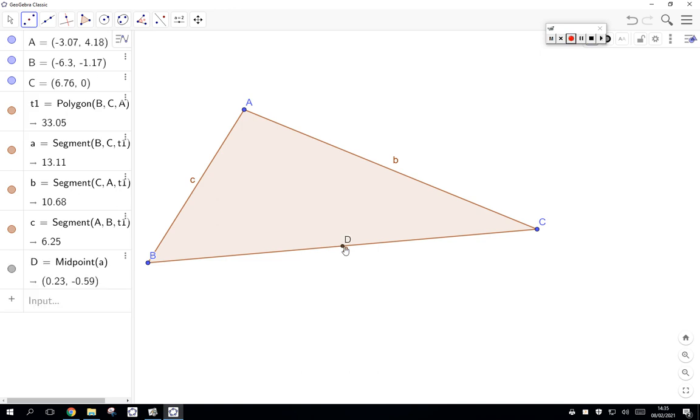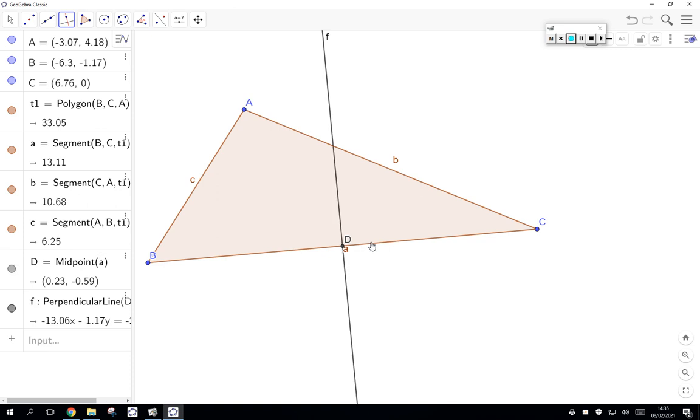I'll pick this side, little a, and I can draw a line perpendicular to that line through that point. That is a perpendicular bisector. Okay, that is the perpendicular bisector, and it passes through the triangle, and I can do that with any side.